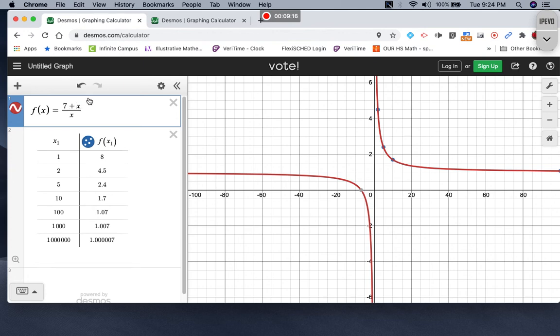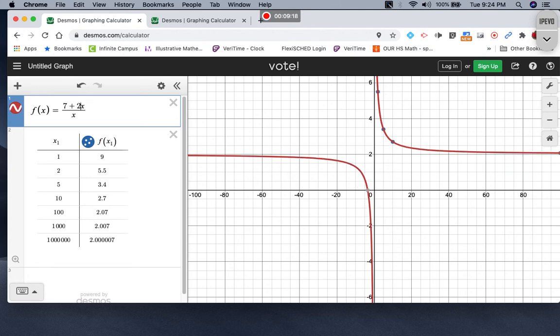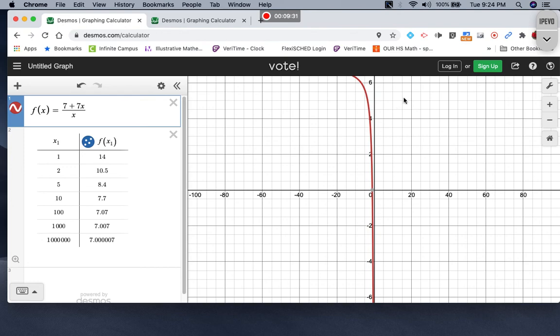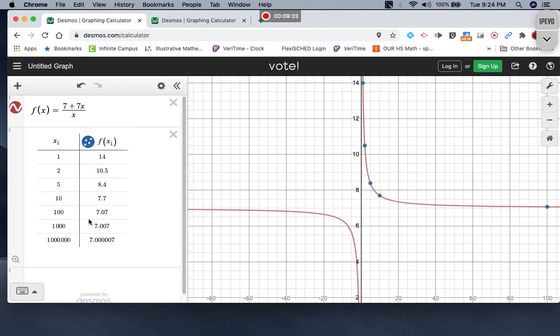What if we put a number here? I made this 2, and now you look here, it's flattening out to 2. I make this 7, you can see it's coming down to 7.